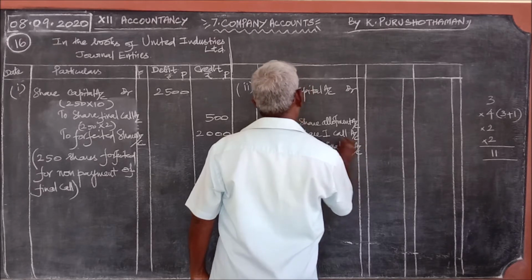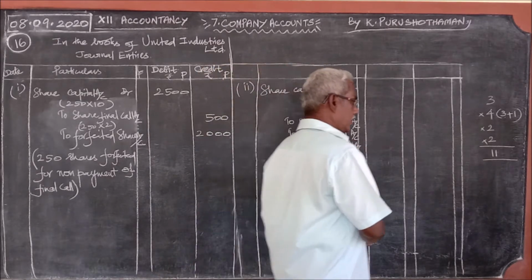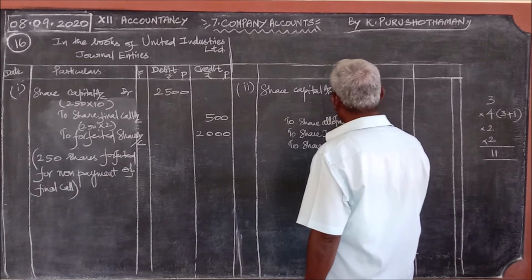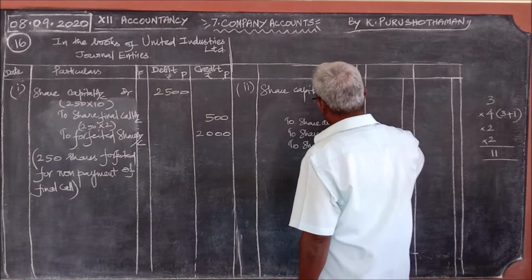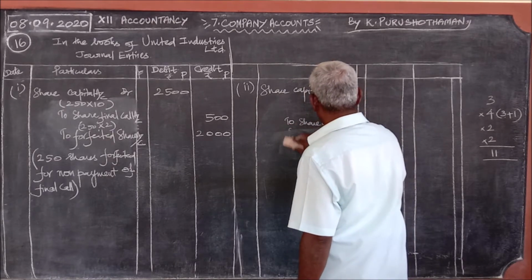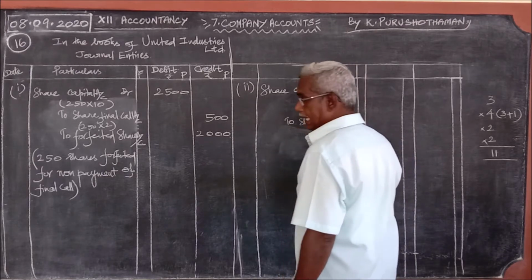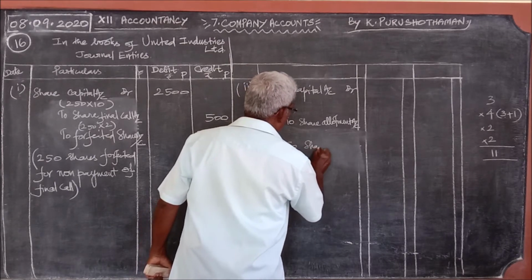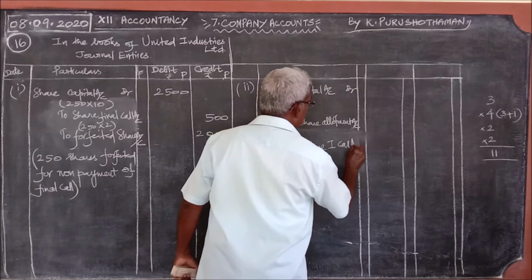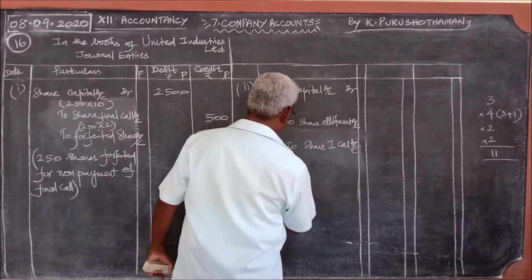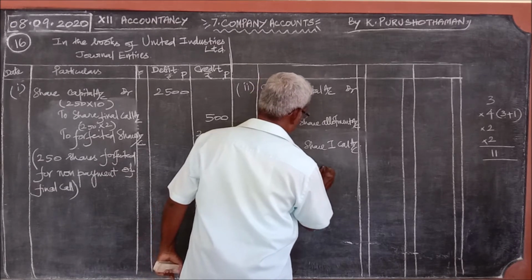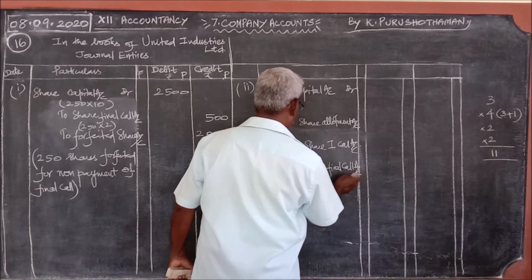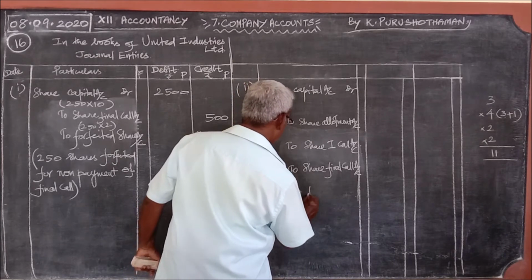Share final call account. This also, we need a certain gap to share first call account, to share final call account, to forfeited share account.